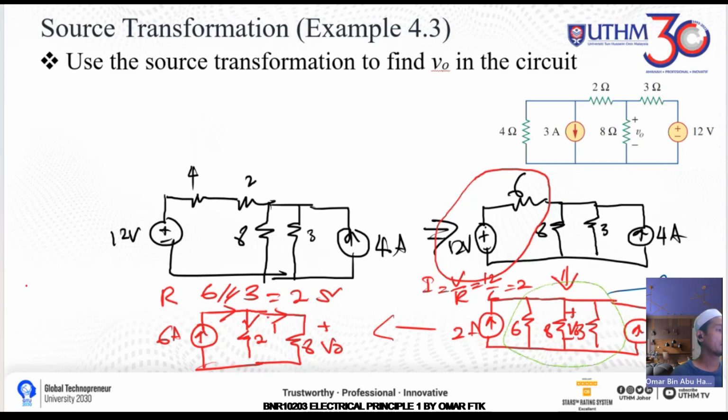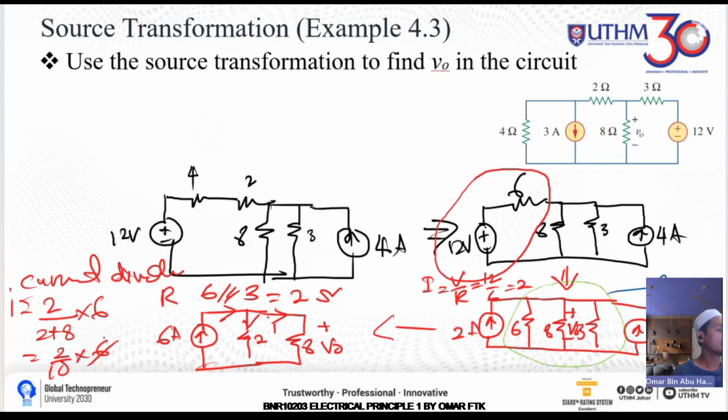So with the current divider, I equals 2 over 2 plus 8 times 6, right? 2 over 10 times 6, 2 times 3 is 6 over 5. 6 over 5 is 1.2 ampere. You get 1.2 amp.